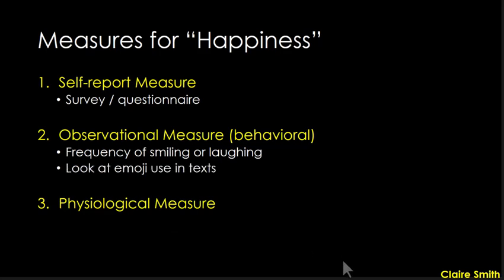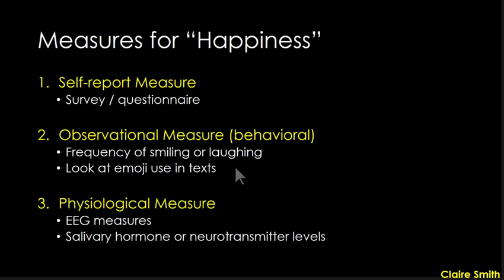Or a physiological measure. Oh, there's another example here: look at emoji use in texts even, right? People who use more emojis maybe would be happier. I don't know. And then a physiological measure, we could look at EEGs, right? Look at brain waves. Maybe we think that people who are happier are going to have more of a certain type of brain activity going on.